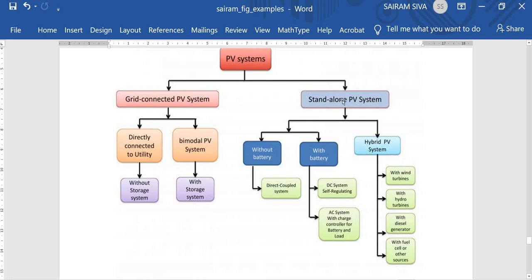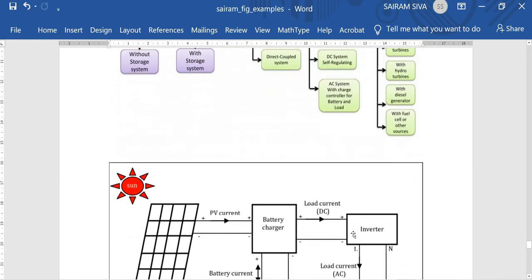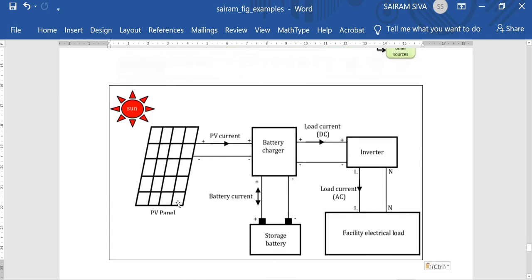Now we are going to see the standalone system with battery and AC system with the charge controller for battery and load. So we need the basic functional block diagram of this experiment. This is the PV panel, which gets irradiation from the sun.